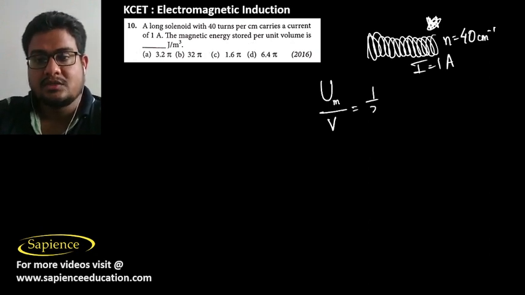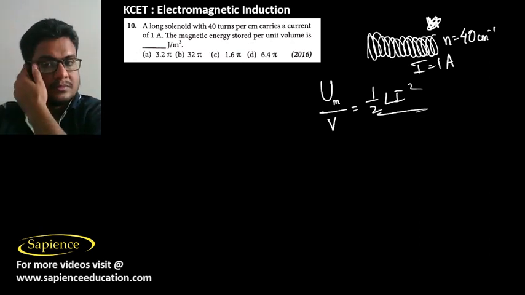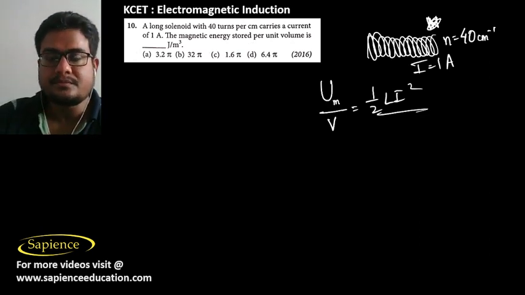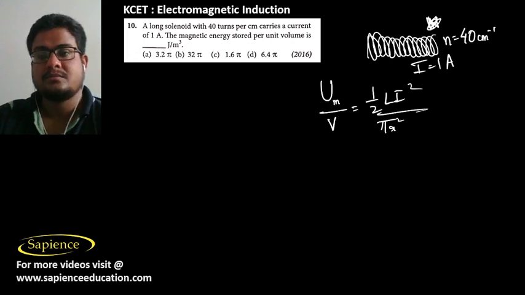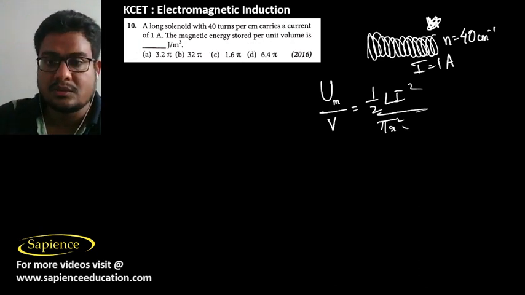So magnetic energy is half L I square divided by volume. Volume is pi r square, the area of cross section, into the length.